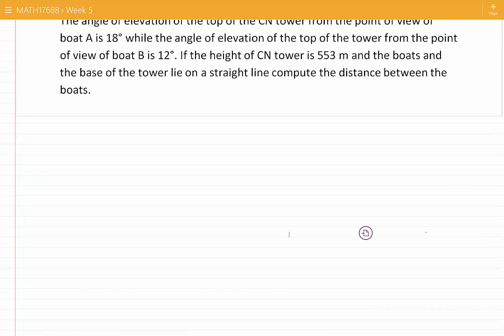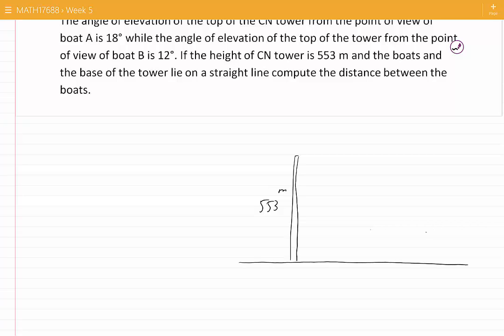We have the CN tower, which is 553 meters, and we have the sea level, and then we have two boats, which at the moment I'm assuming to be both on one side of the tower.